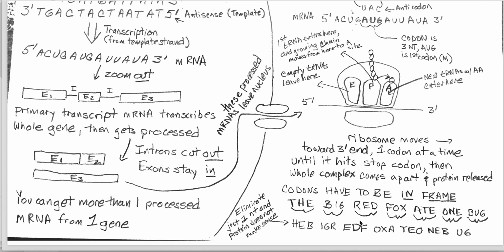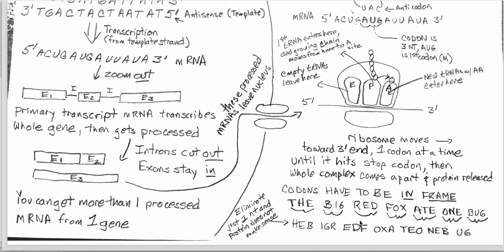And that sort of thing can happen inside a cell if there's a mutation such that the mRNA has a deletion in it. It can shift the reading frame, and so now it is not making the protein you intended to make, but instead makes a protein that doesn't make sense.